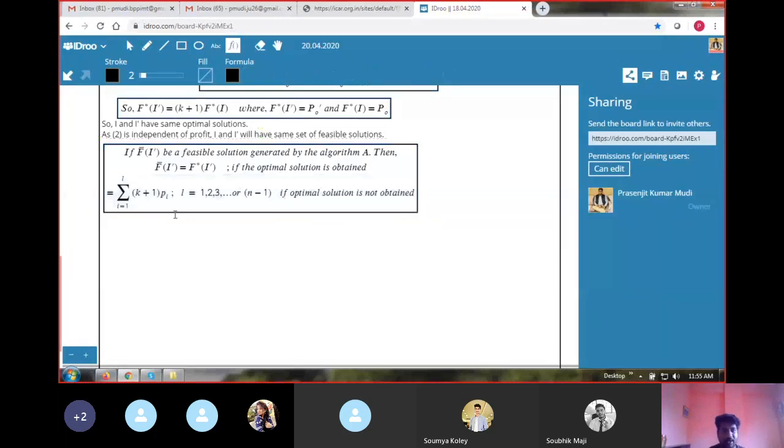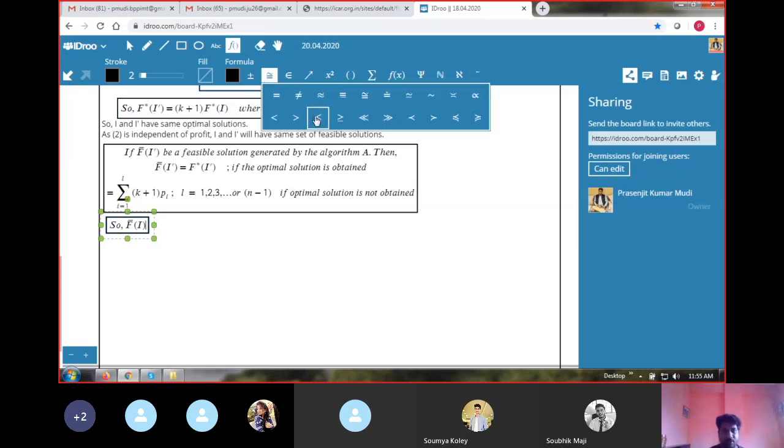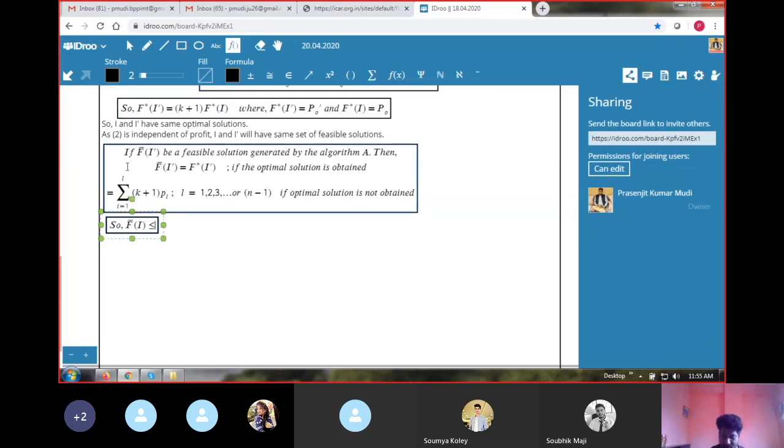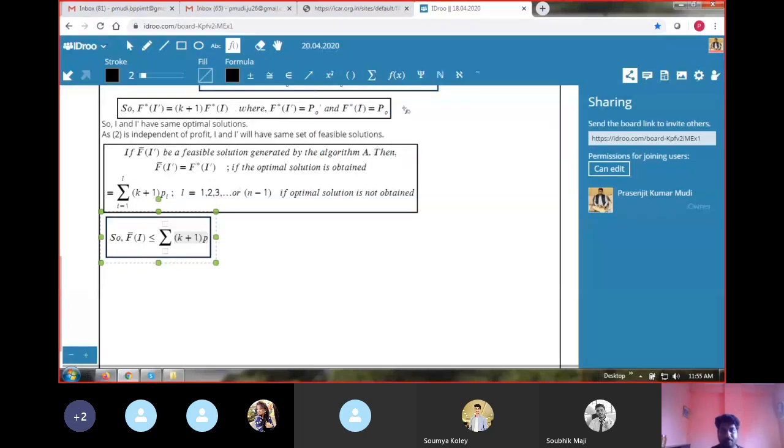What we have here is f bar I is obviously less than or equal to this summation of k plus 1 into pi, i equal to 1 to n minus 1.